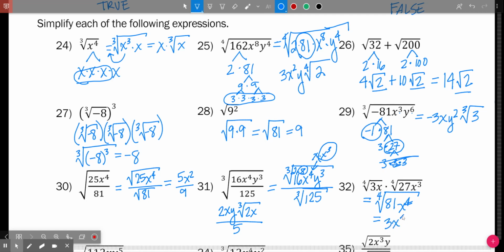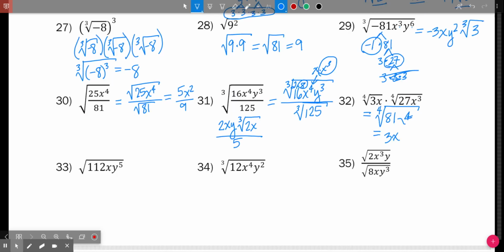When you factor 112, if you attempt to factor it into 2 times 56, neither one of those are perfect squares, and 3 won't divide it. But if you factor it into 4 times 28, the 4 becomes your perfect square.